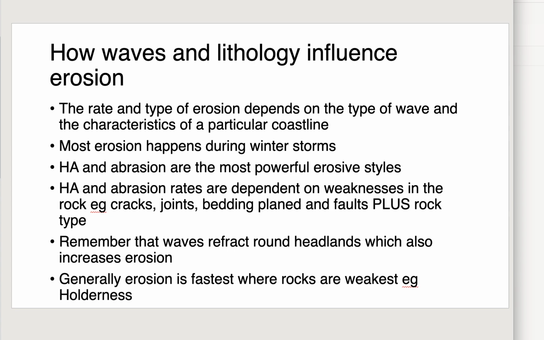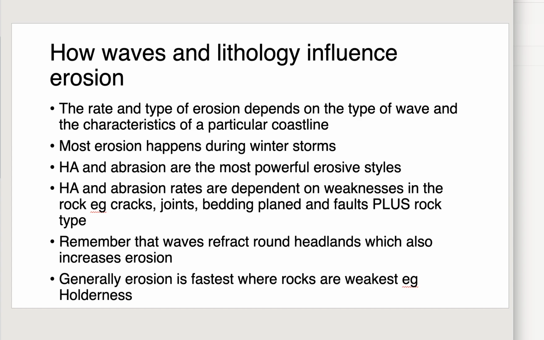Hydraulic action and abrasion are the most powerful erosive styles because they're the most dramatic, really. But they do depend on weaknesses in the rock, e.g. cracks, joints, bedding planes, I should say planes, not planed, sorry, and faults. Plus the rock type, remember whether it's a soft rock like sandstone or a hard rock like limestone. Remember that waves refract around headlands, which also increases erosion, and erosion is generally fastest where the rocks are weakest for whatever reason.